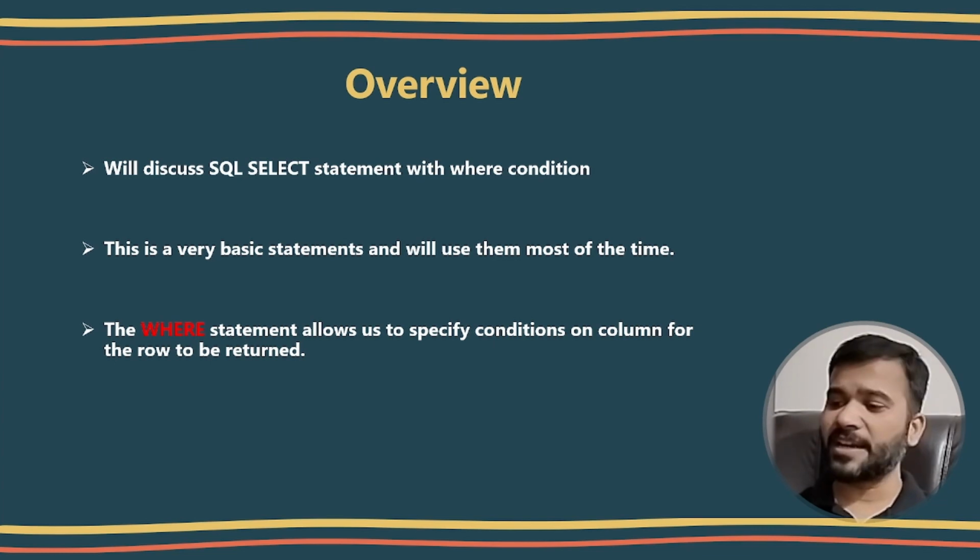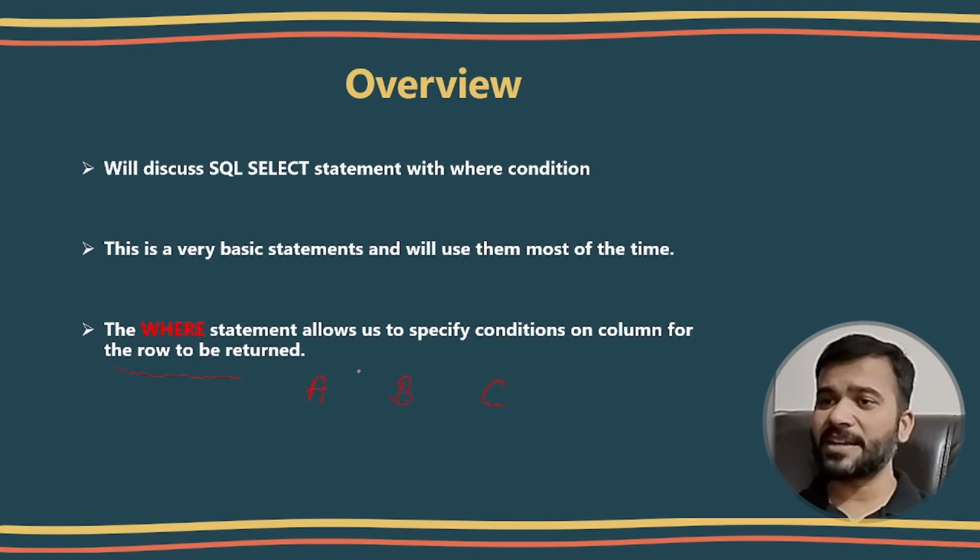How are you going to do that? Basically, where will help you in that. Let's say you have A, B, and C columns in your data, and there are a lot of data points. Now you want only certain values in the B column.